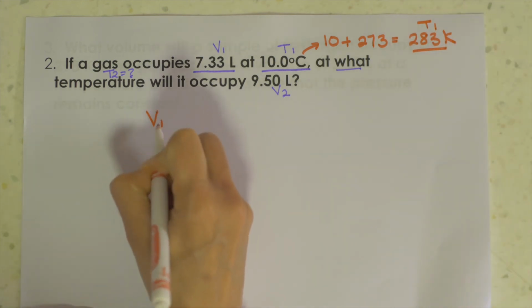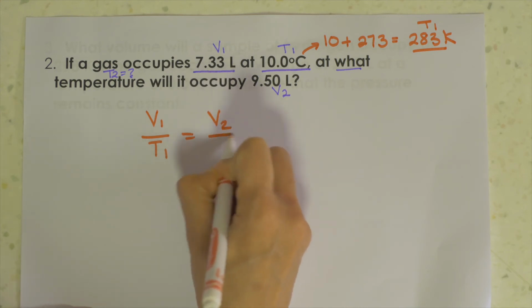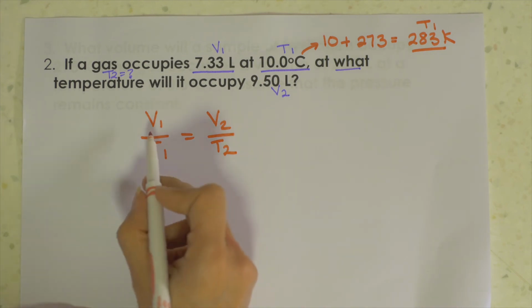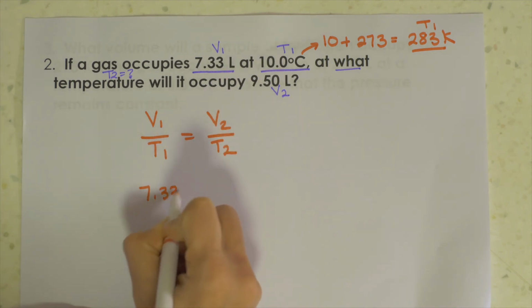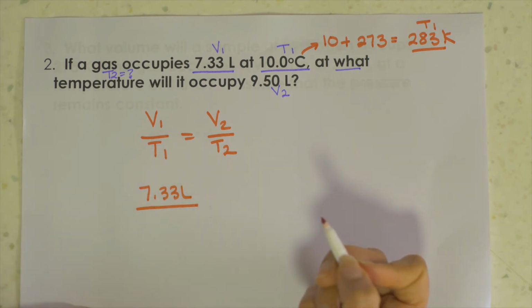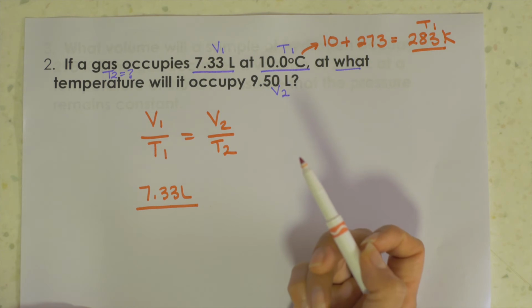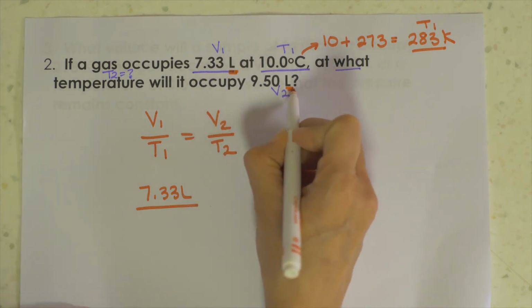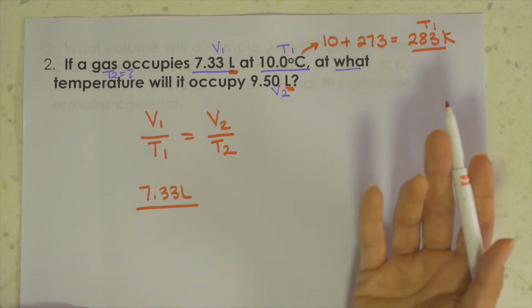So our equation, V1 over T1 equals V2 over T2. Okay? And so my V1, 7.33 liters. And notice this time we're using liters instead of milliliters. And again, that is okay that there's a change in that one as long as this is liters and this is liters. So they do need to match each other. If they don't, we need to make sure they do by converting one.